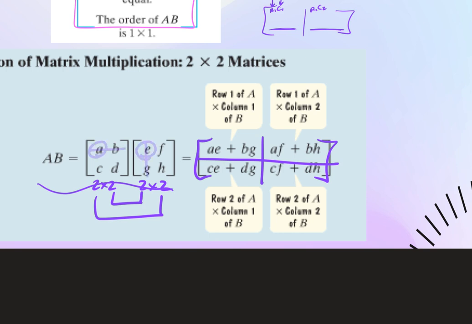A times E plus B times G. And that goes in that first cell. And then I would move to the second one. I would be multiplying row 1, column 2. So I go back to my original matrices. I multiply row 1 by column 2 in its pairs. So A times F plus B times H. And then I literally continue on through my matrix in that order.